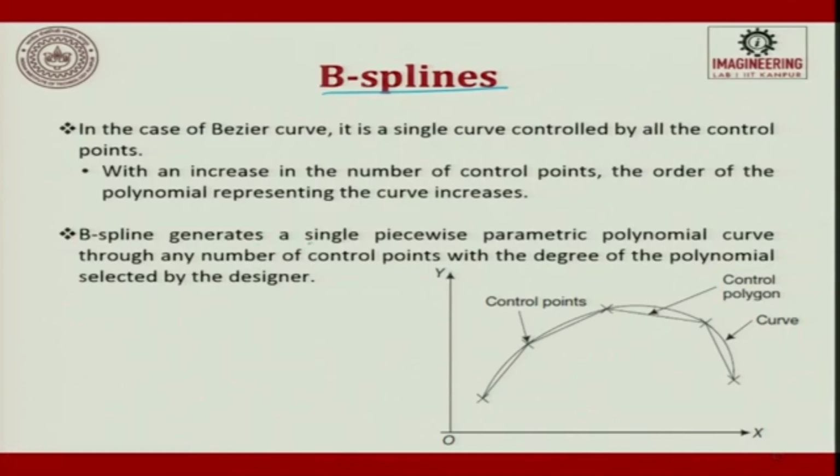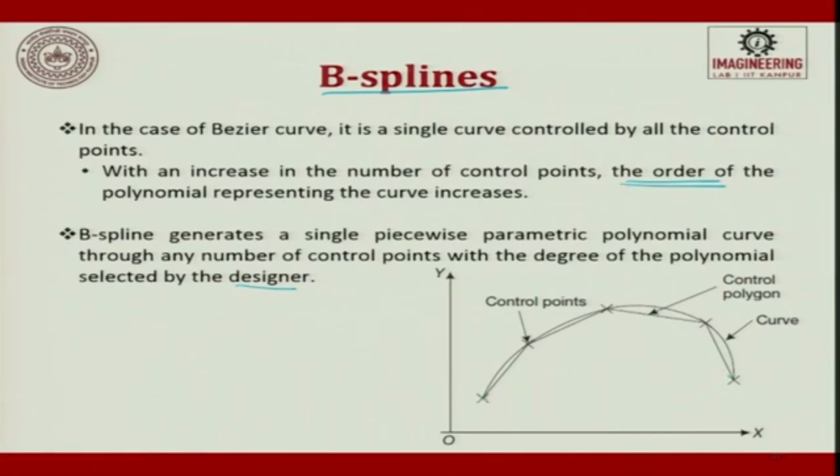B-spline generates a single piecewise parametric polynomial curve through any number of control points, with the degree of the polynomial selected by the designer. Here in B-spline we are trying to reduce the higher order terms and still draw whatever curve we want.